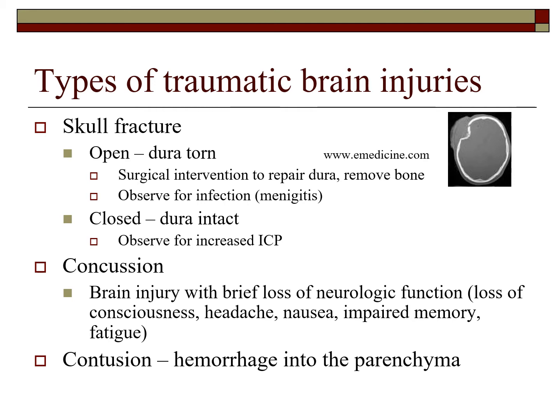We all know about concussion from sports now, and many of you can probably share stories about how at the beginning of the sports season, they might do a baseline mental status exam, so that if you were to have a sports injury, they could test you on the sidelines and know right away if you've had some decrease in your mental acuity, which would be concerning, especially for a young person. A contusion would be a little bit more serious because that actually would have some hemorrhaging into the parenchyma.